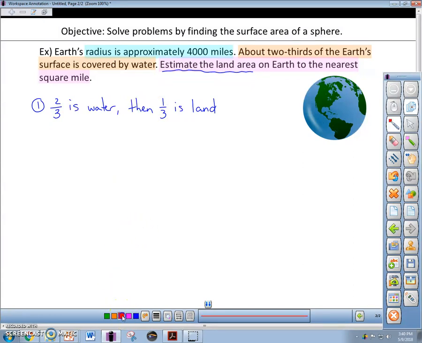So now that means that we are going to figure out 1/3 of the Earth's surface area.